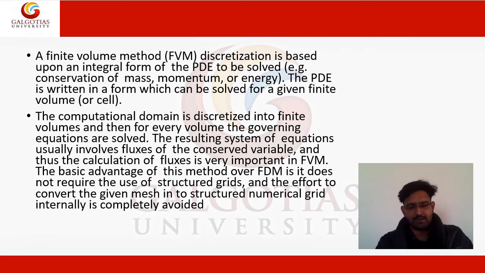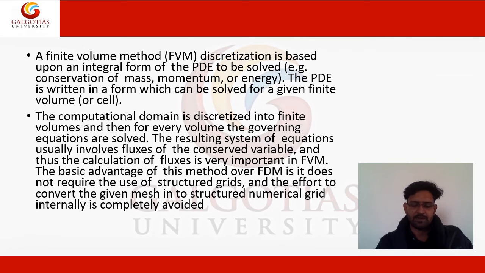The PDE, that is partial differential equation, is written in a form which can be solved for a given finite volume. The computational domain is discretized into finite volumes, and then for every volume, the governing equations are solved. The resulting system of equations usually involves fluxes of the conserved variable, and thus the calculation of fluxes is very important in the finite volume method.